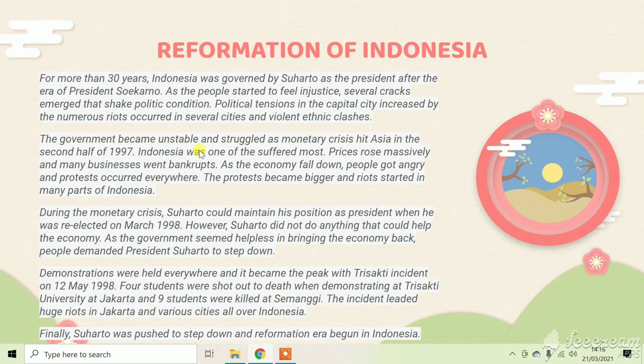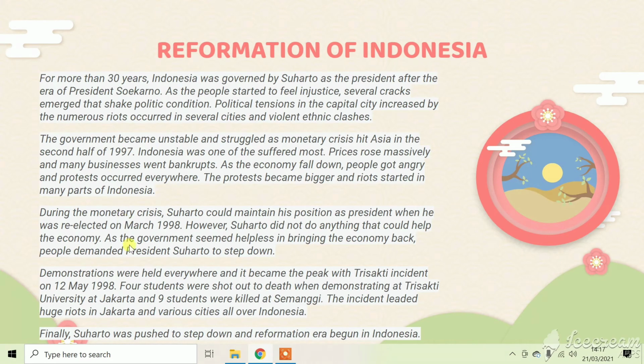The government became unstable, and then the monetary crisis happened, and Suharto couldn't maintain his position as president, and then demonstrations were held everywhere, and it reached its peak with the Trisakti incident on 12 May 1998.